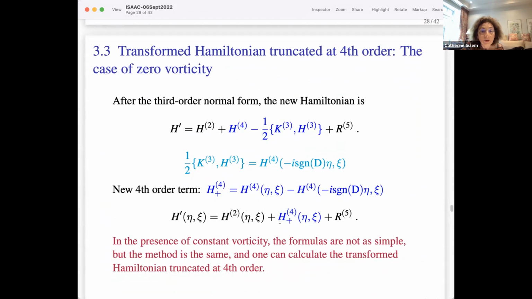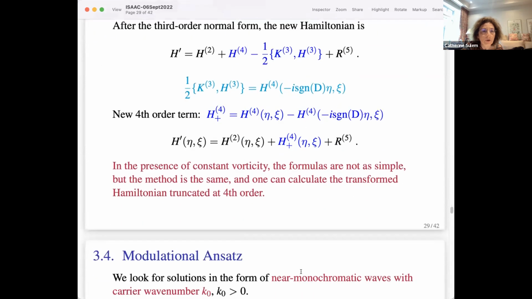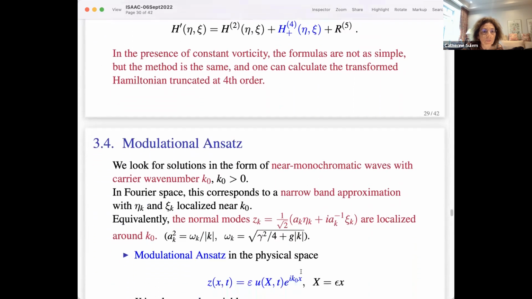The fourth order, here written H plus 4, is the old fourth order modified by a term that has exactly the same form as the old one, except that eta is replaced by its Hilbert transform. And as I say here, in the presence of constant vorticity, the formula is not as simple, but the method is the same. One can calculate the transformed Hamiltonian truncated at fourth order.